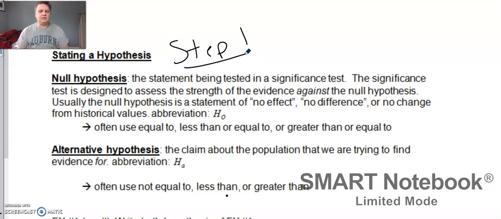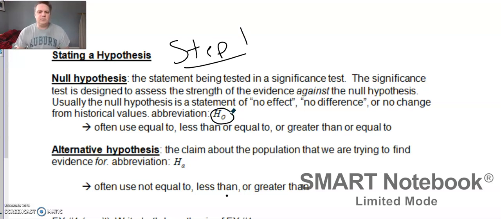Okay, so your null hypothesis. It's the statement being tested in a significance test. The significance test is designed to assess the strength of the evidence against the null hypothesis. Usually, the null hypothesis is a statement of no effect, no difference, or no change from historical values. The abbreviation for the null hypothesis is H0.